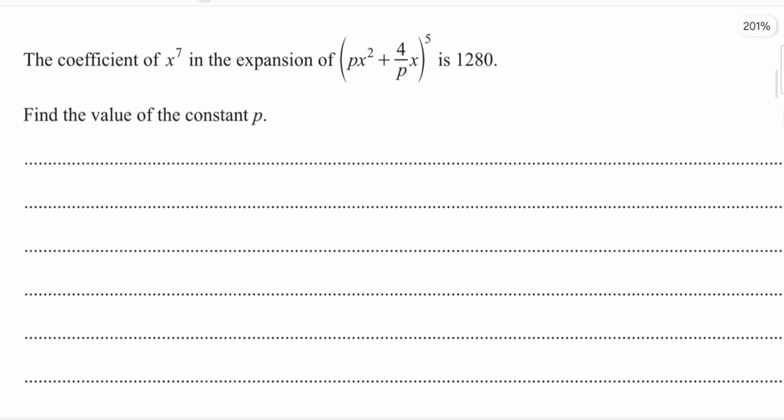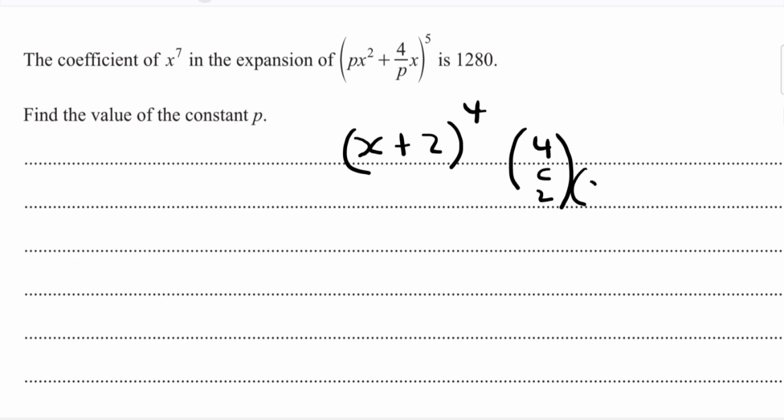Because we know if we have, for example, (x + 2) being raised to the power 4, and we're asked to find the coefficient of x², we say 4 choose 2, and x to the 2, times 2 to the 4 minus 2, which is 2, right? So we're going to choose a number that we don't know yet from 5 for this one, right?